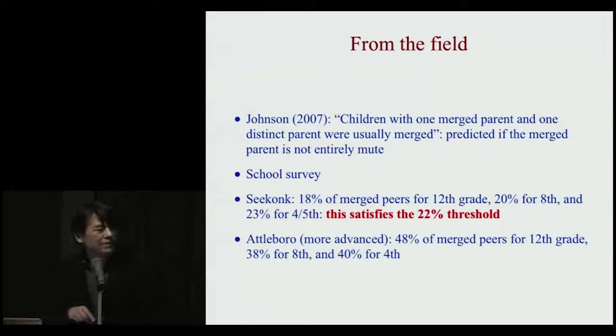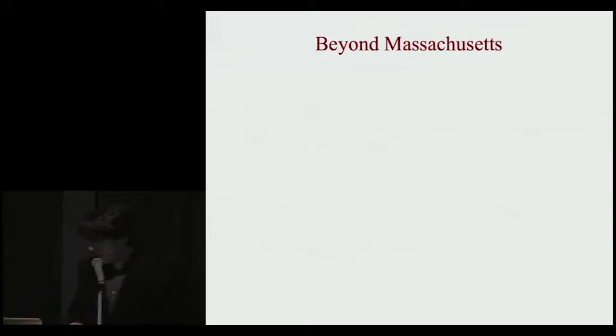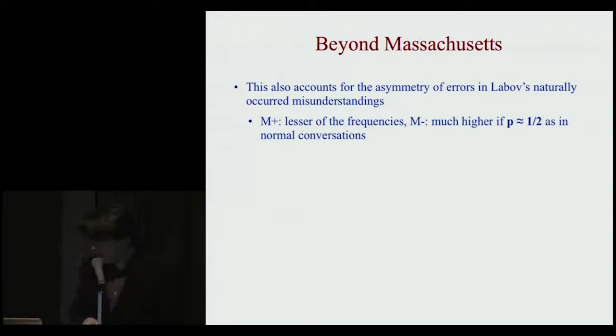Okay, this is more advanced here. Of course, this is the thing already taking place, and you have a higher ratio of merged kids. And more broadly, this also accounts for the asymmetry of errors in Labov's natural miscommunication studies.